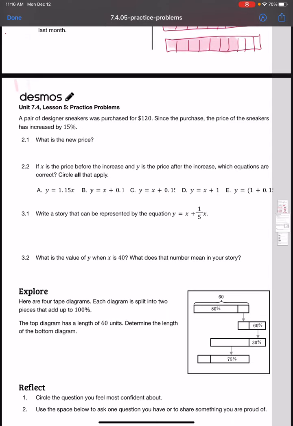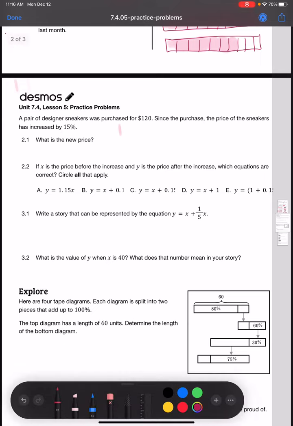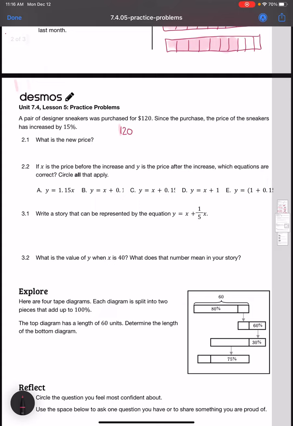A pair of designer sneakers was purchased for $120. Since the purchase, the price of the sneakers has increased by 15%. So what I could do is find 15% and then add it, or I could multiply by 115%.